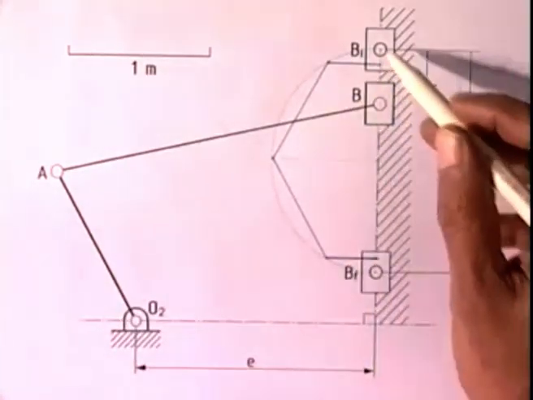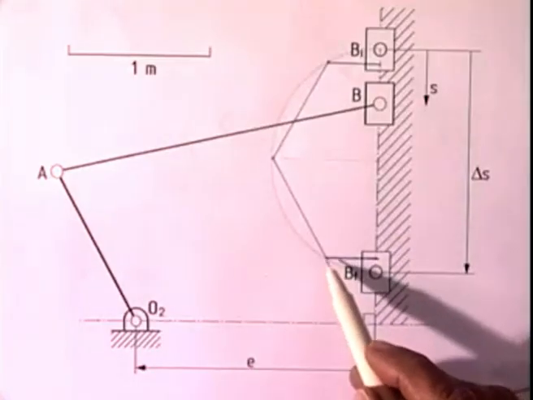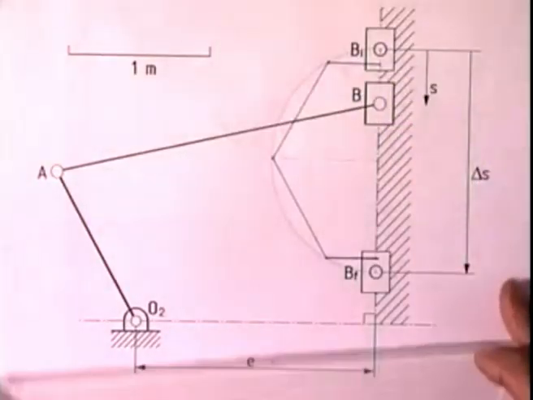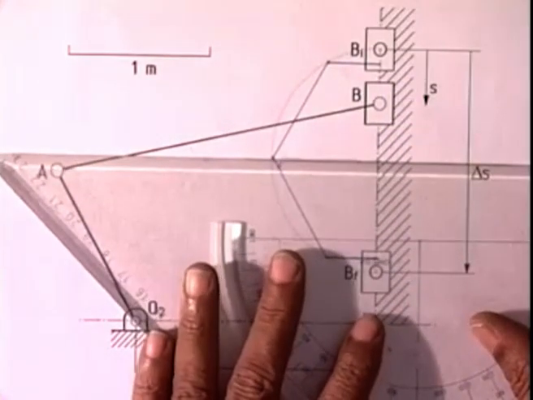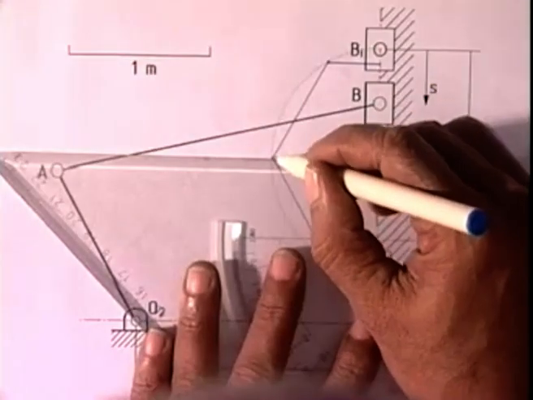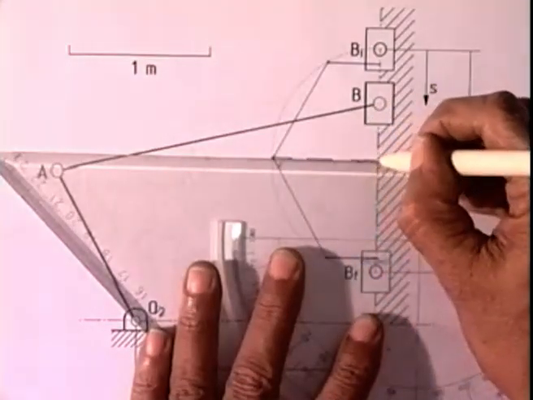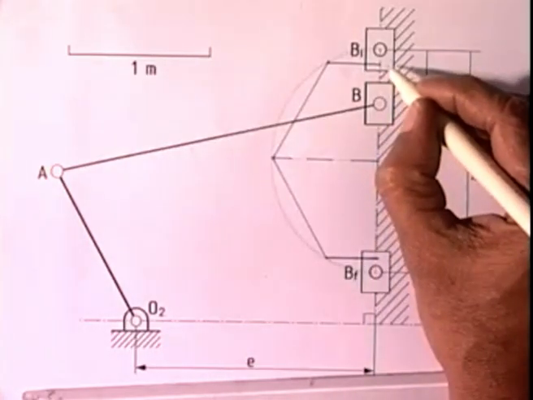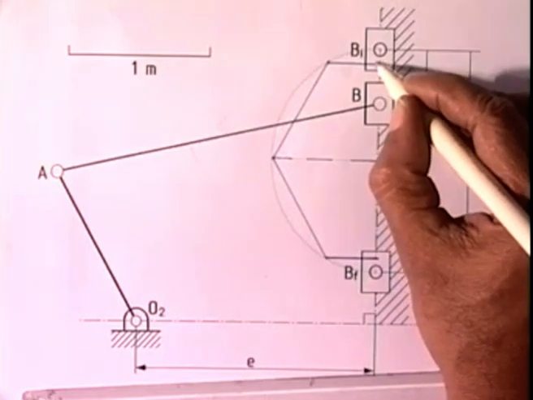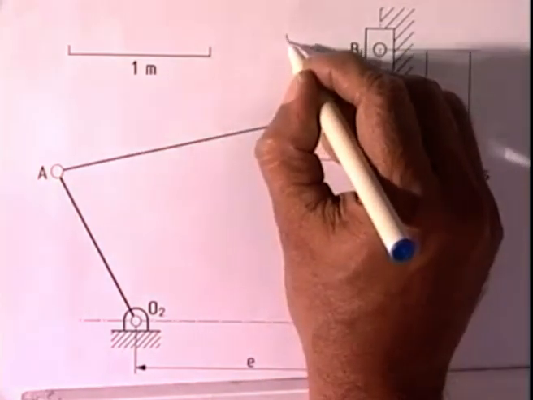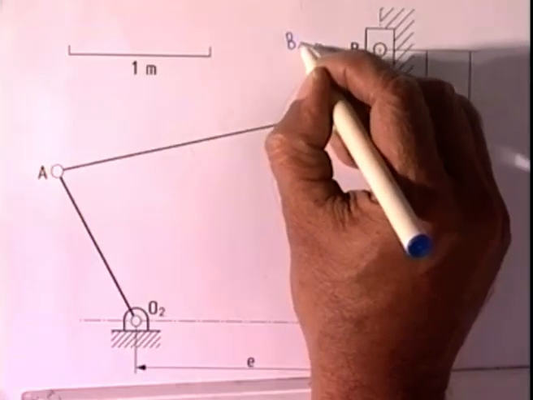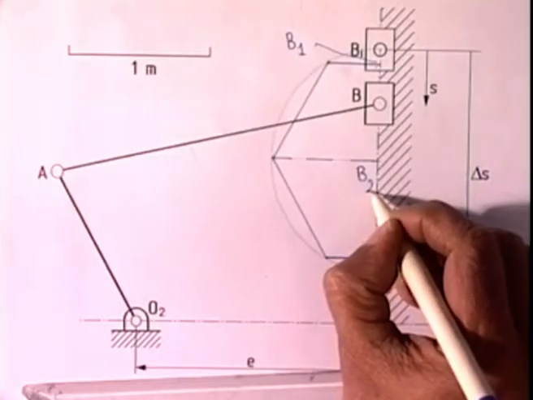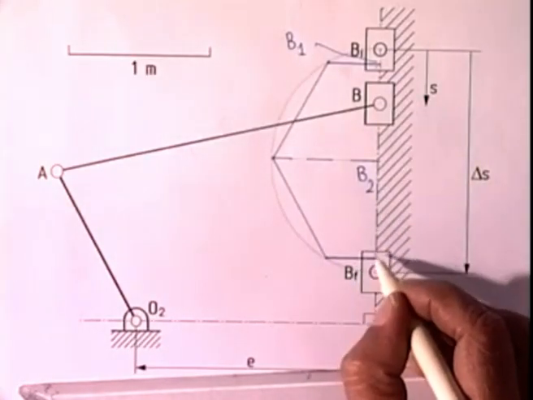This hexagon is inscribed within this circle. So the projection of these 3 vertices 1, 2 and 3 onto this diameter BI, BF locates 3 accuracy points, namely B1, B2 and B3.